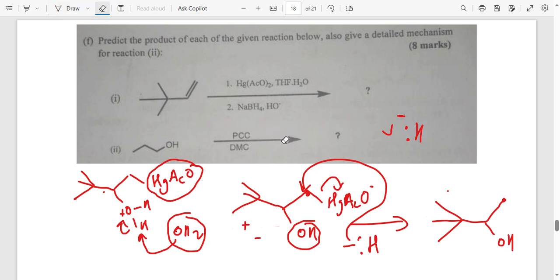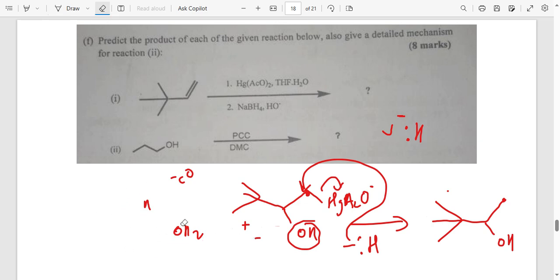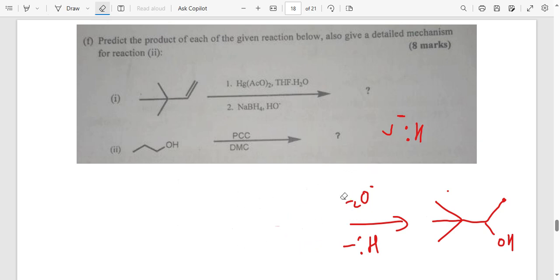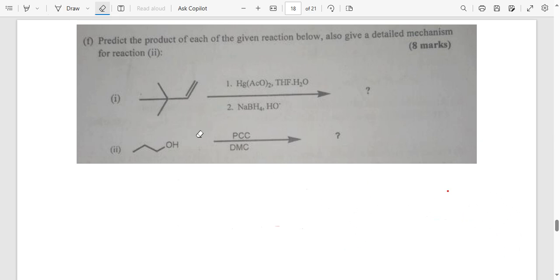If there's no other question, let's answer the next one here. Now, here we are reacting an alcohol with PCC. Can someone help us? If we talk about PCC, what is PCC? What does it convert the alcohol to?